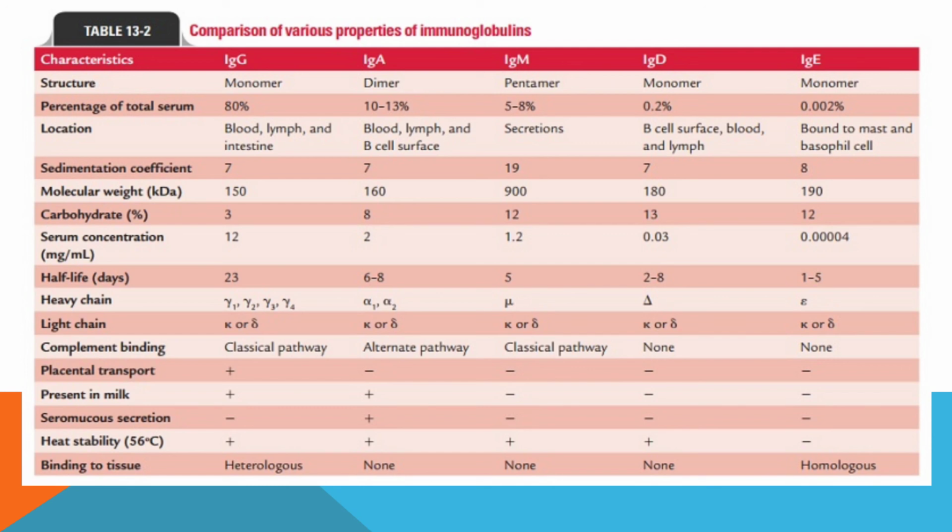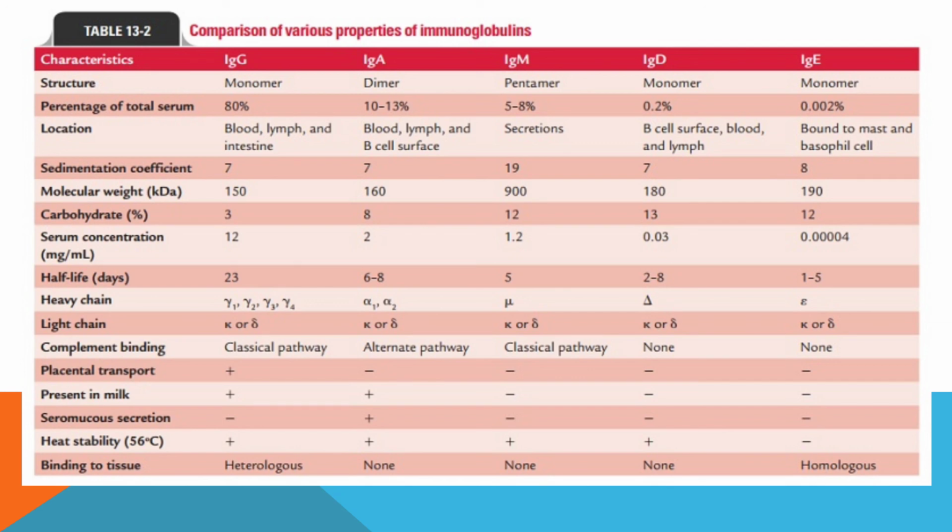Coming to the half-life in days, IgG has a half-life of about 23 days, IgA about 6 to 8 days, IgM about 5 days, IgD about 2 to 8 days, and IgE about 1 to 5 days.